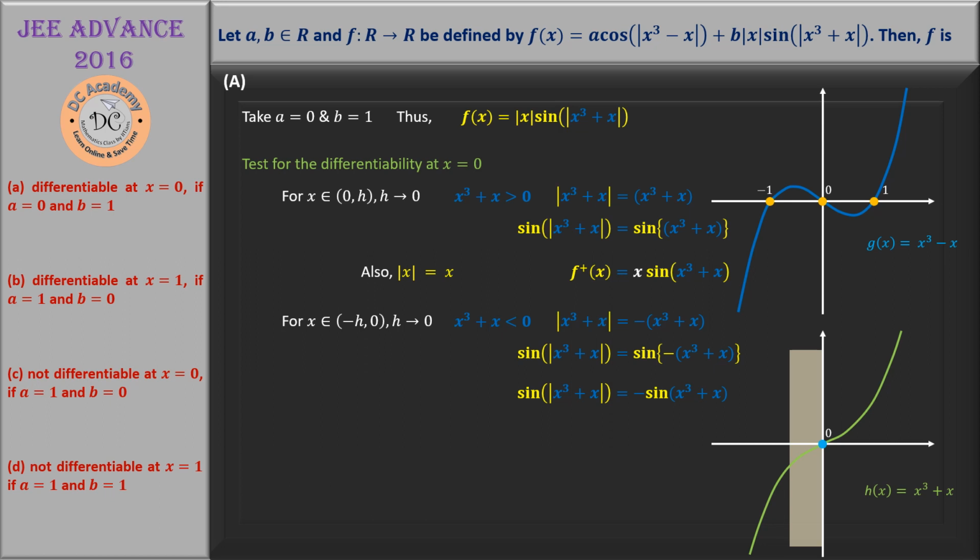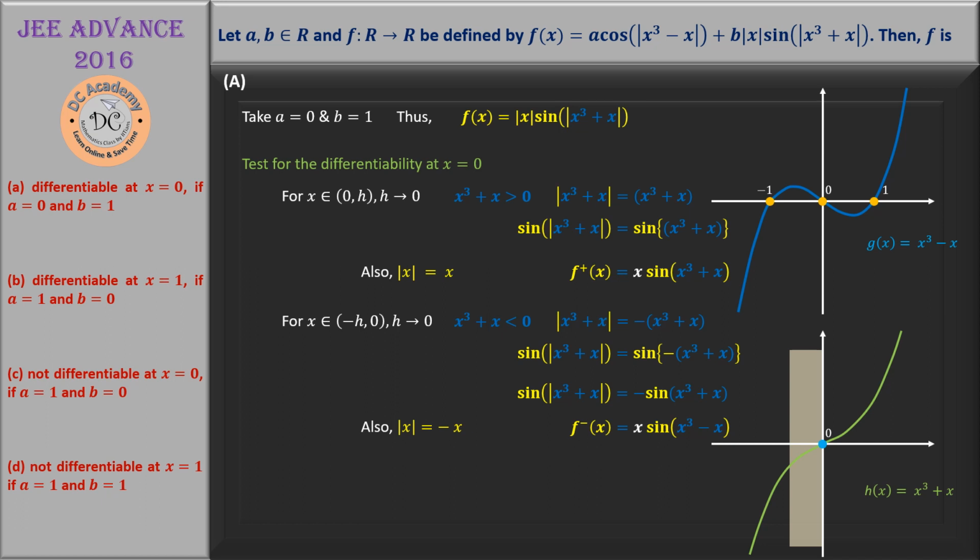Also, when x is less than 0, mod x is equal to minus x. So if minus x here, in the 0 minus case, it will again take the same function, x sine of x cube plus x.